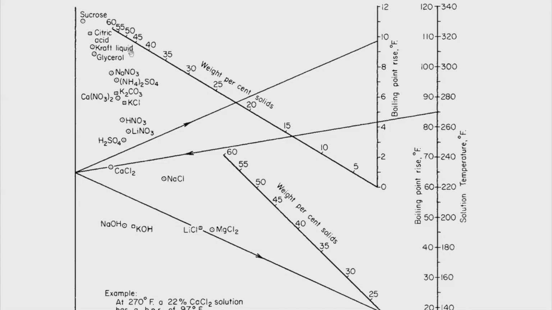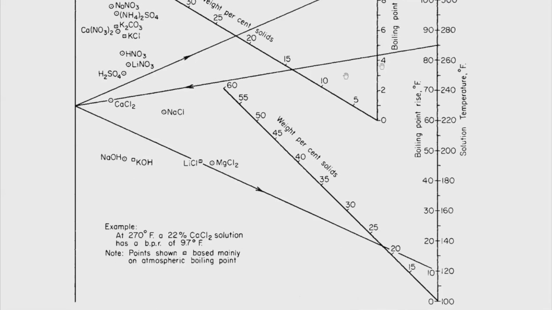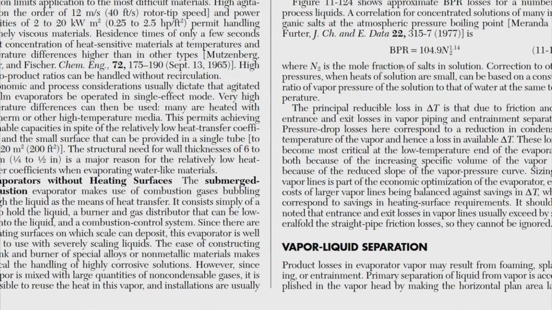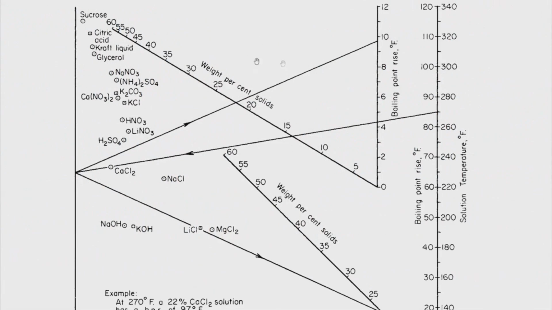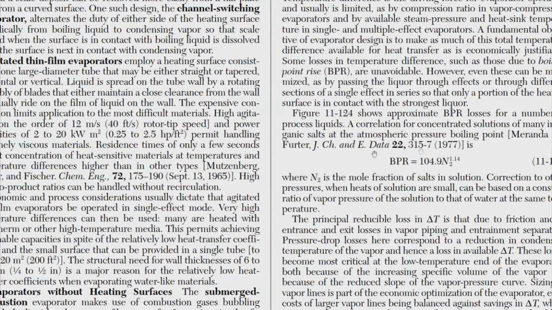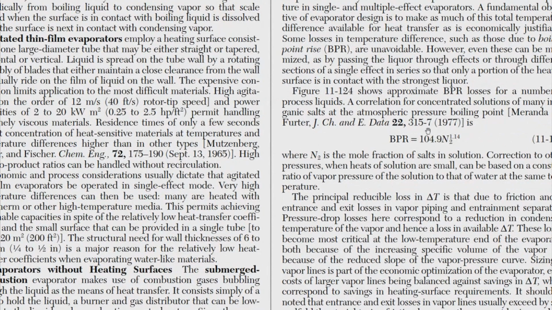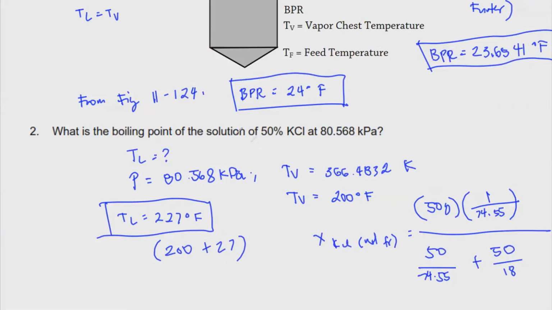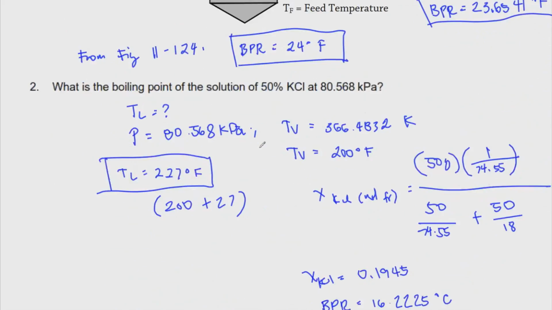They're organic compounds, so you must use the figure. But for cases where you have inorganic salts, then you're free to use this Dühring correlation. And by the way, this correlation was obtained from an experiment they did. That's why it's called a correlation. Anyway, that's all for this boiling point rise.